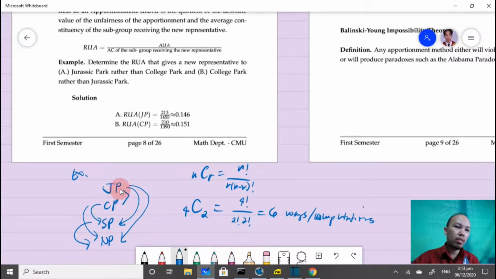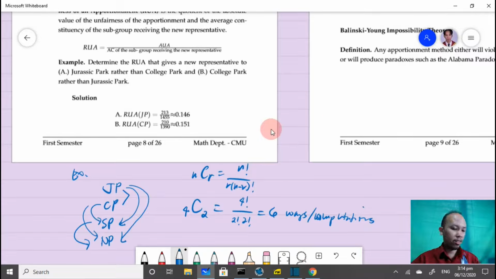What if there are 10 states or parks here? We have 10 taken 2, that's a lot. The computation shows that when you have 10 taken 2, we have 45 computations. Then that's a lot. So what are we going to do here?